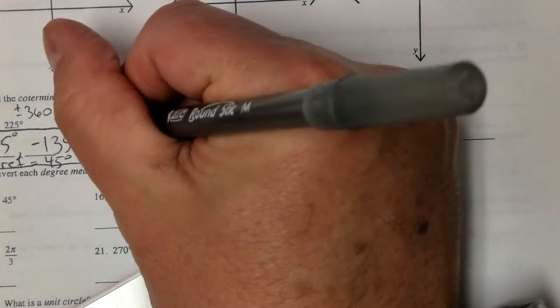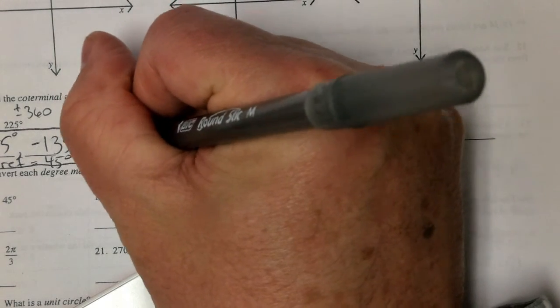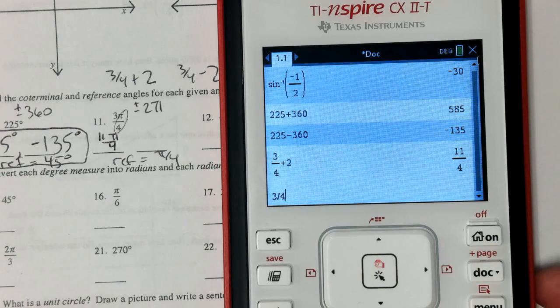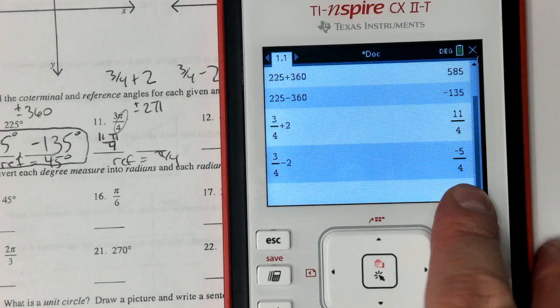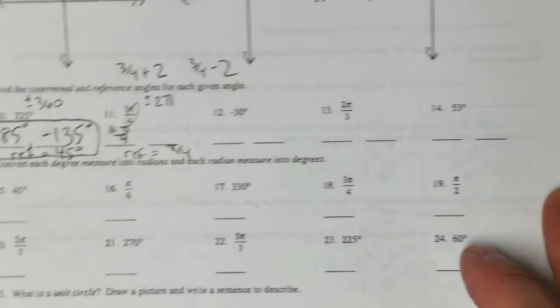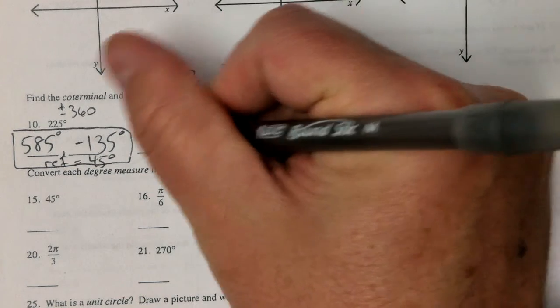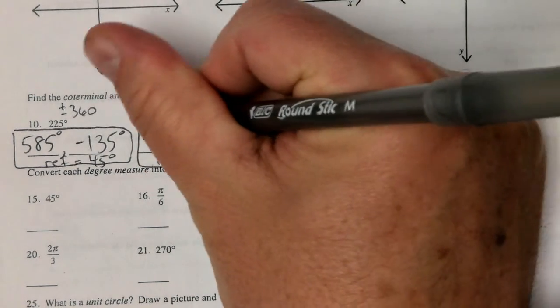So then you put 11 pi fourths. And 3 over 4 minus 2, negative 5 fourths. So negative 5 pi over 4. So those are your 3 answers for those.